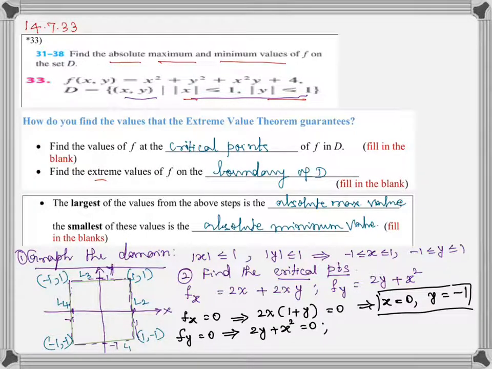So if you plug in x equal to 0 into this, we get y equal to 0.